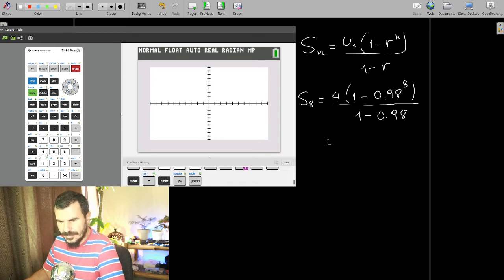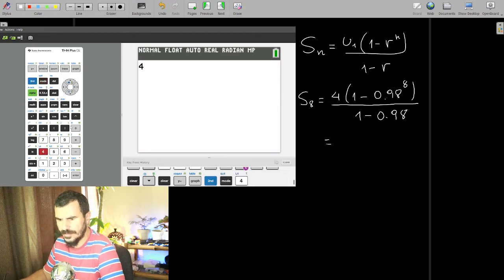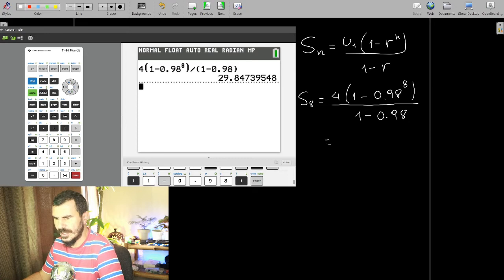So I have 4 times 1 minus 0.98 to the power of 8, bracket divided, now be careful, here I will open a bracket, 1 minus 0.98, close bracket, enter.